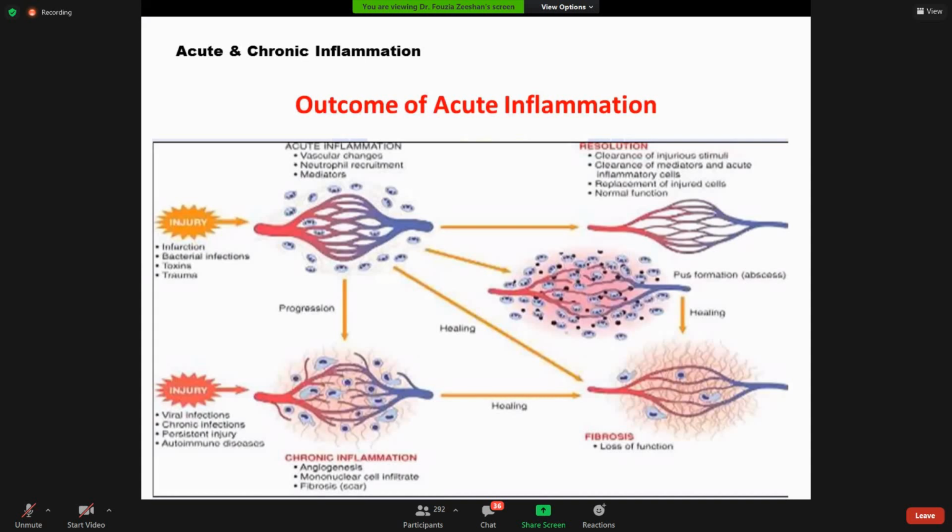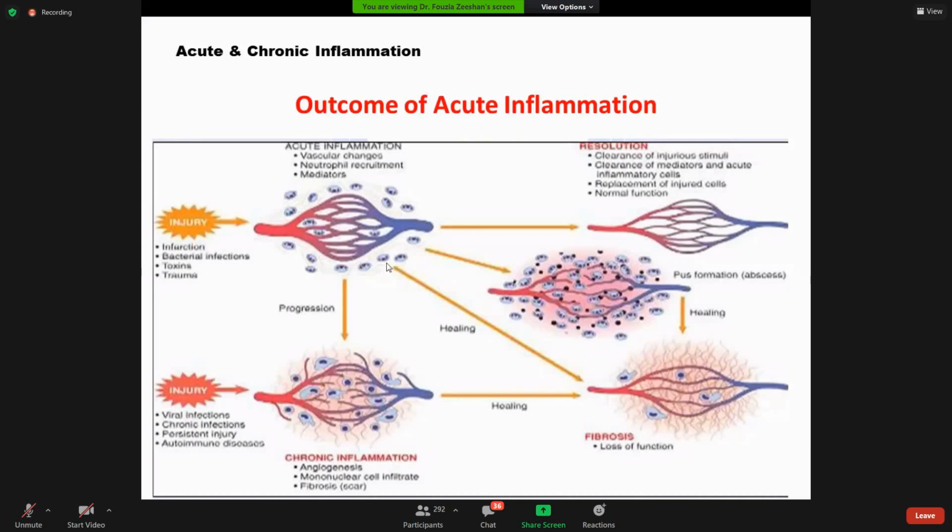So what happens when the acute inflammation subsides? In acute inflammation, we have studied that there are vascular changes, neutrophil recruitment, and certain mediators, right? What happens? Either it progresses, if it is not treated properly or if the triggering factor is still there, into chronic inflammation.